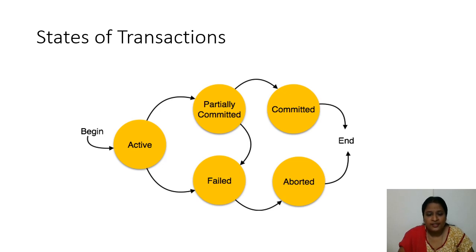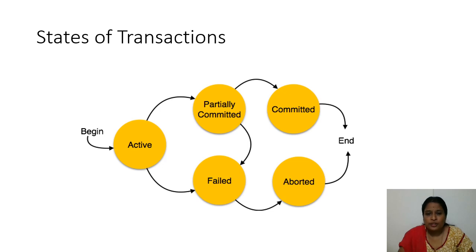If the execution is over after satisfying all reads and writes, then that particular transaction will be moved to partially committed. If any read or write is not satisfied and the operation is not completed, then that particular transaction will be moved to failed state.